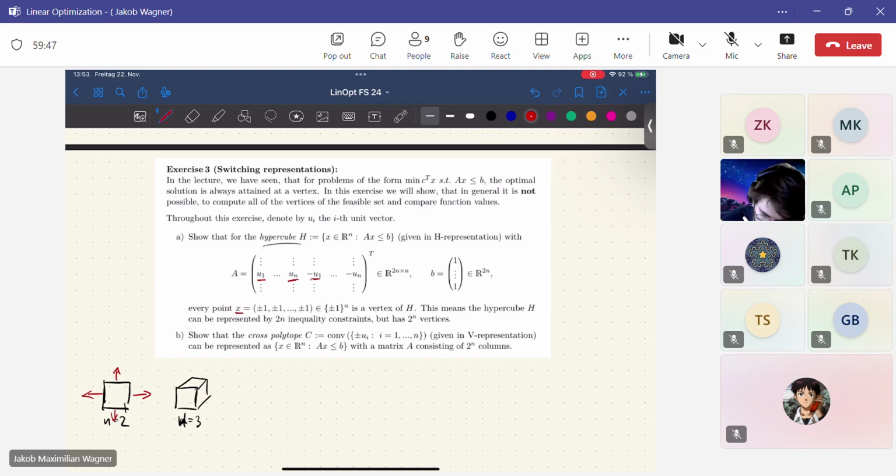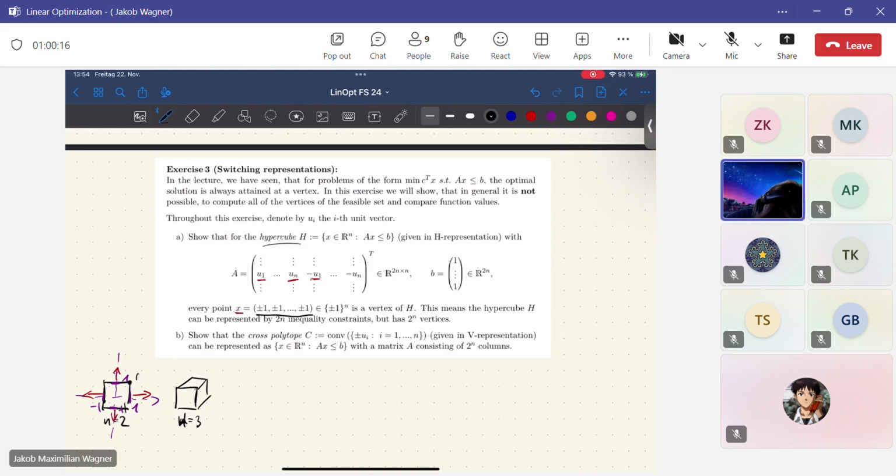So if we drew in here a coordinate system, we have here 1, we have here -1, we have here 1, and here also -1. And we want to show that for this set, which has 2n inequality constraints, all of the points x that have coordinates either plus or -1, those are vertices.